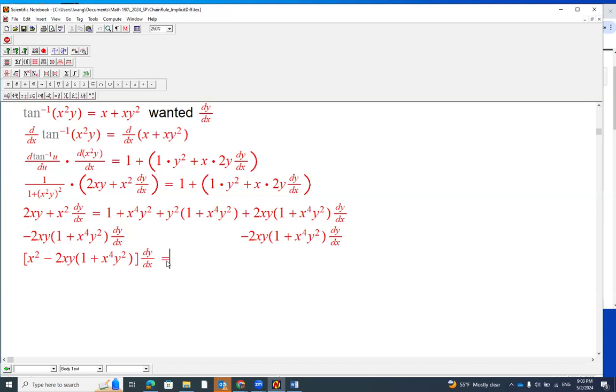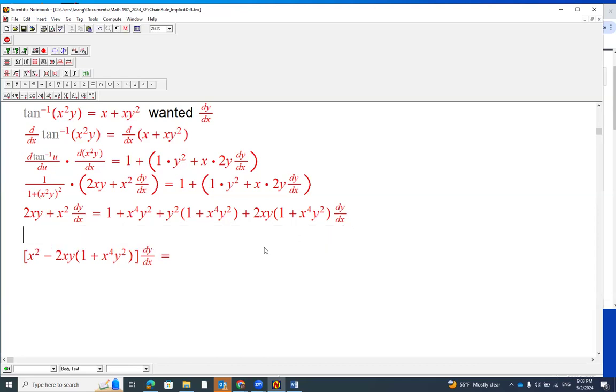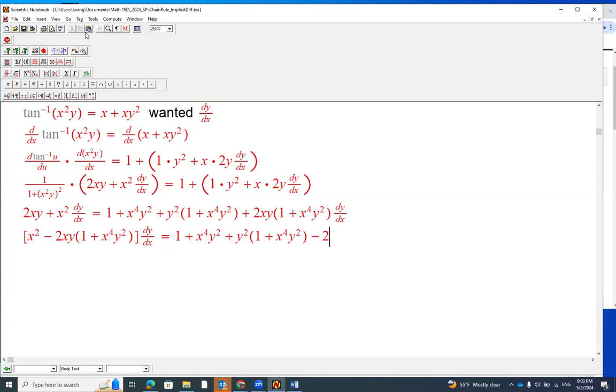I'm going to skip that part, and as usual, you don't need to show this to your reader. So the whole of the right-hand side without dy/dx is going to be subtracting 2 times xy.